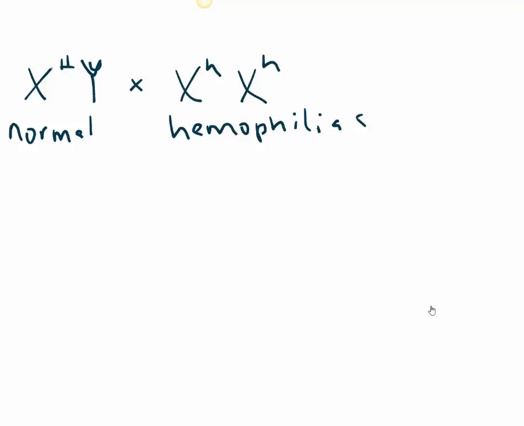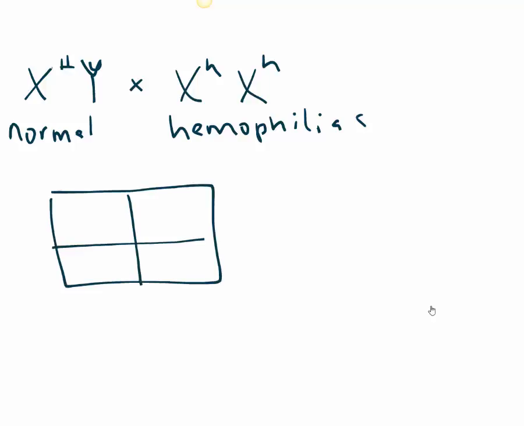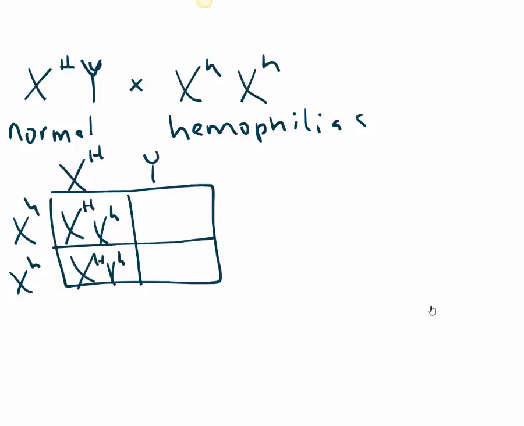So looking at the combination of alleles here for these two parents, we have dad here. Mom will go along the side. So we have a daughter that will be a carrier, another daughter that's going to be a carrier. The sons are out of luck.